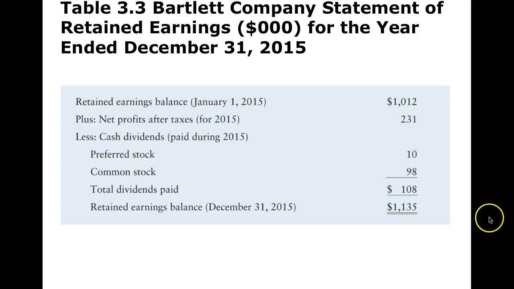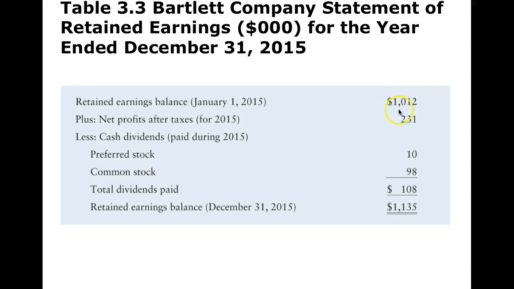So if our retained earnings started at 1,012 and our net profits were 231, we paid out 10 in preferred stock and 98 in common stock. It means our total dividends paid are 108,000. So we take our 231 and we want to add that to our retained earnings.